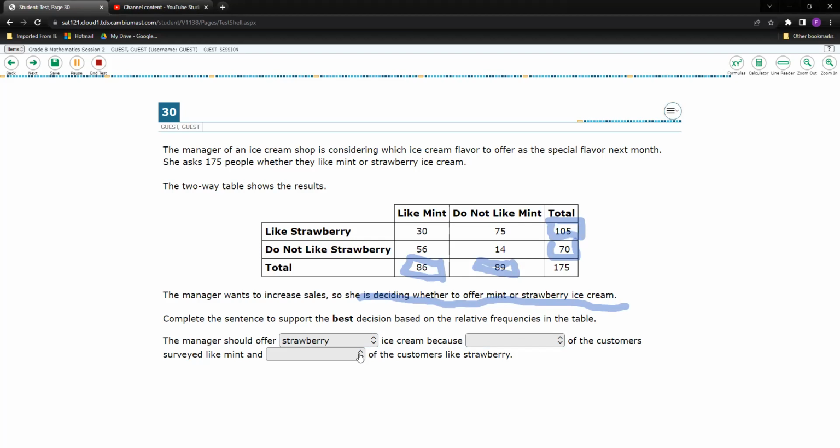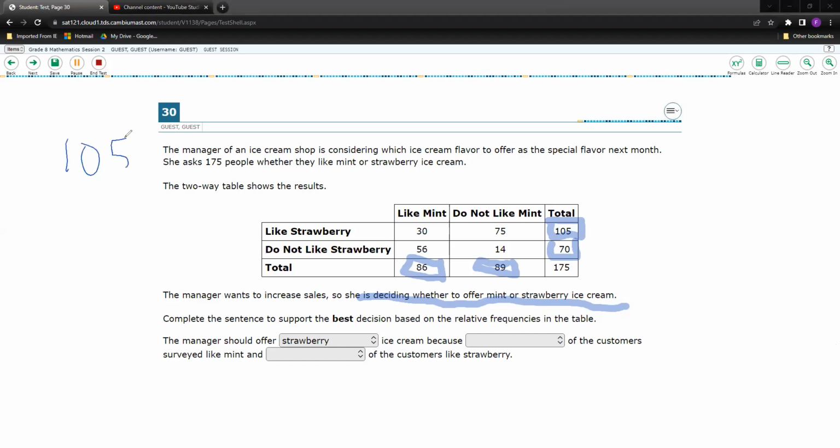So, okay, the total customers is 175. So we need to divide to find the percent, remember? Percent is to 100 as is to of. In other words, I have to do 105 divided by 175.